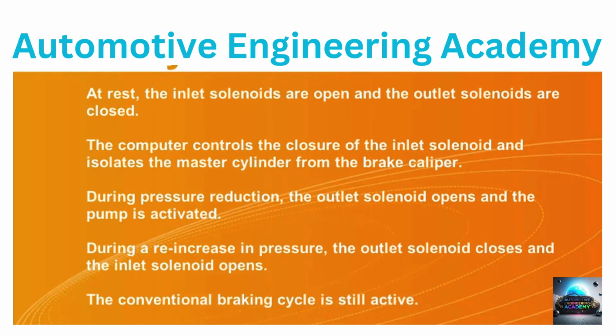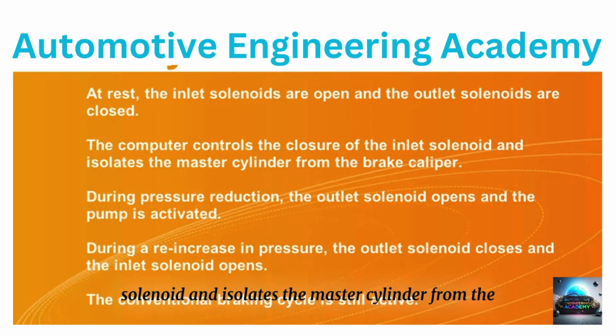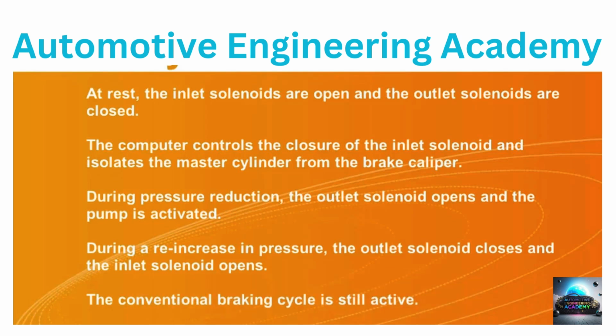The computer controls the closure of the inlet solenoid and isolates the master cylinder from the brake caliper. During pressure reduction, the outlet solenoid opens and the pump is activated. During a re-increase in pressure, the outlet solenoid closes and the inlet solenoid opens. The conventional braking cycle is still active.